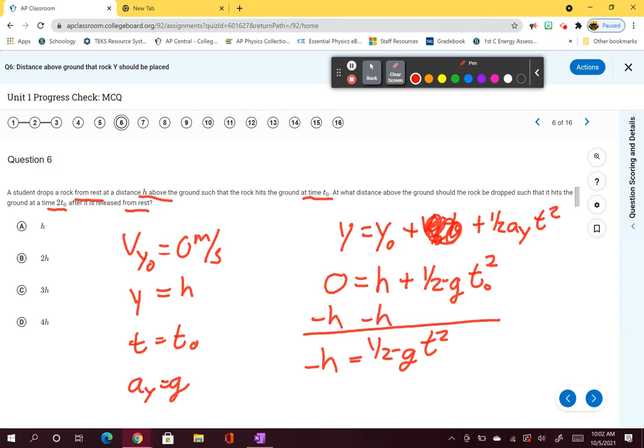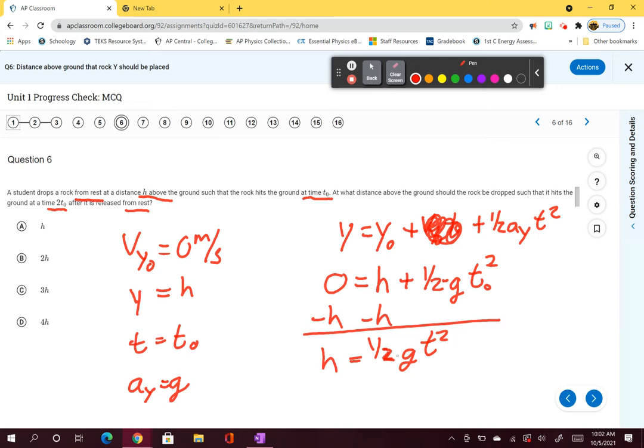So a negative and a negative, our negatives can actually go away. So that is our simple equation.